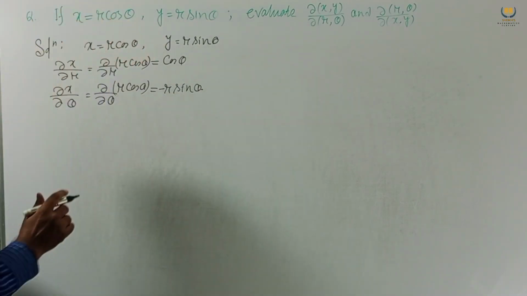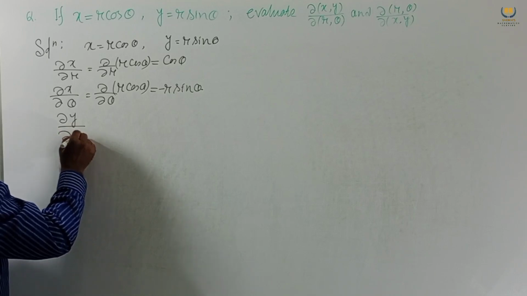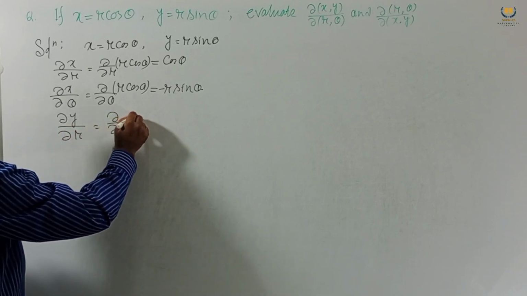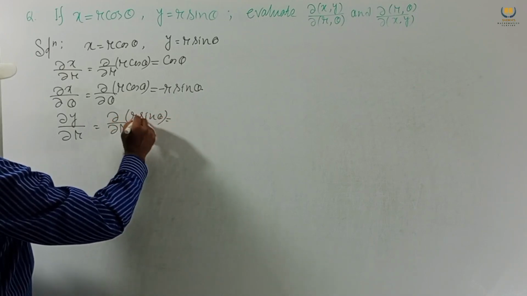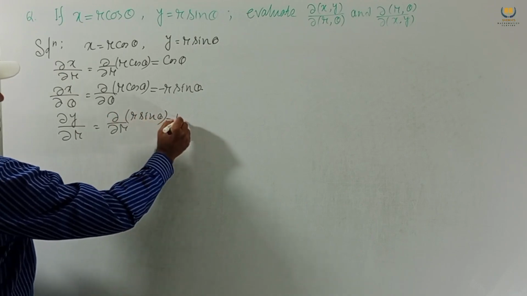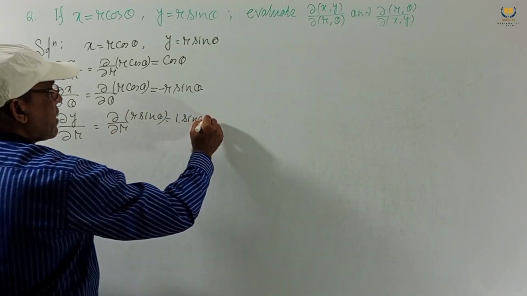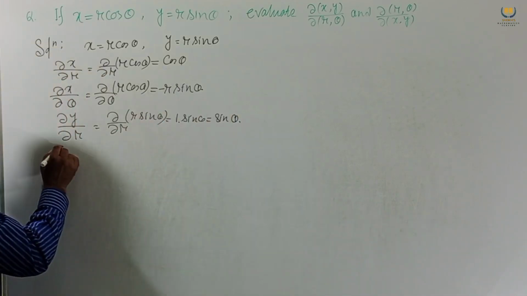Next we consider y. Del y del r, del r of r sin theta. The derivative of r is 1, sin theta is constant, and we get sin theta.